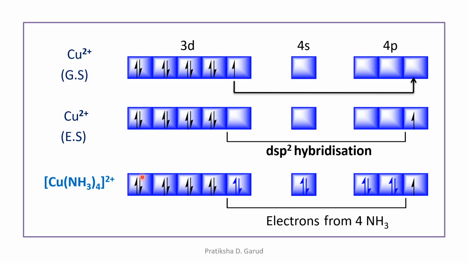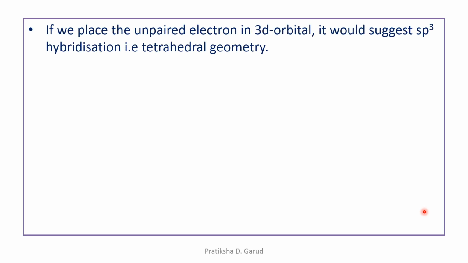Now here we can say that there is a single unpaired electron, right? So from this we can say that if we place the unpaired electron in the 3d orbital itself, it would suggest the sp3 hybridization. That means the tetrahedral geometry, right?